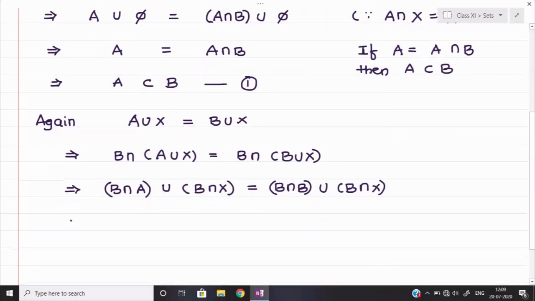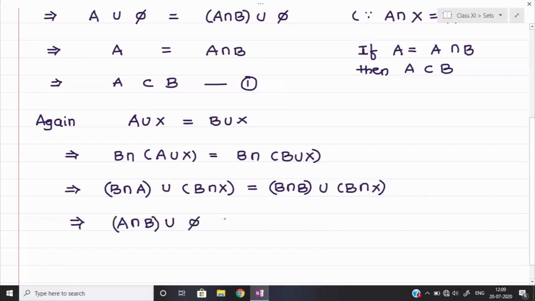Now B intersection A I can write as A intersection B also, because intersection between two sets is applicable under the commutative law. Commutative law, I hope you know it from the earlier classes. So B intersection A and A intersection B will always be equal. Union B intersection X is given equal to phi in the question.